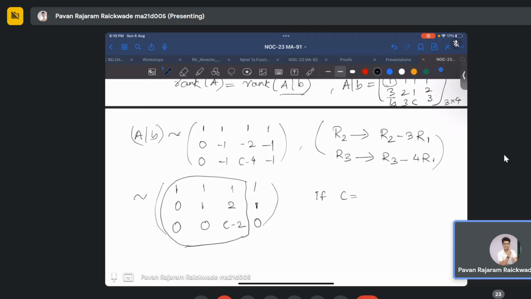If C equals 2, then what will happen? Okay, imagine if C is not 2, then you will have rank of A is 3, which will also be rank of A augmented B. And if C equals 2, then what's happening?